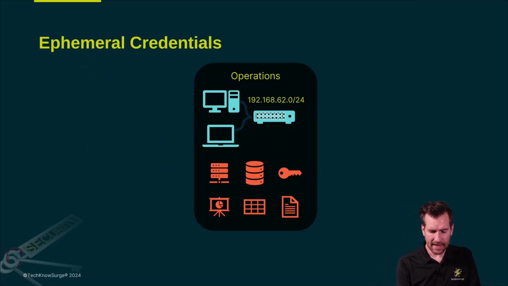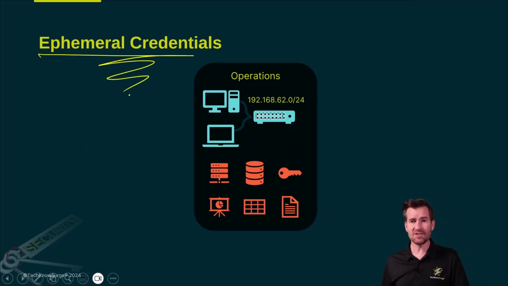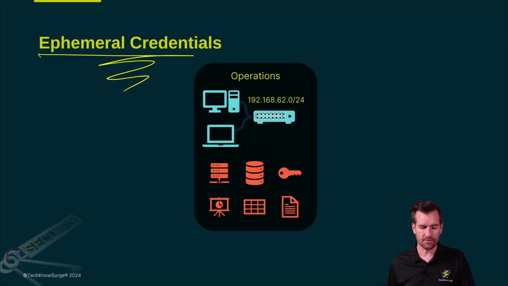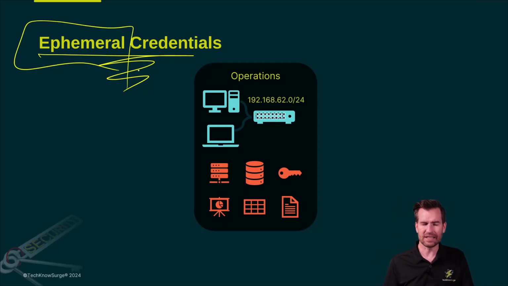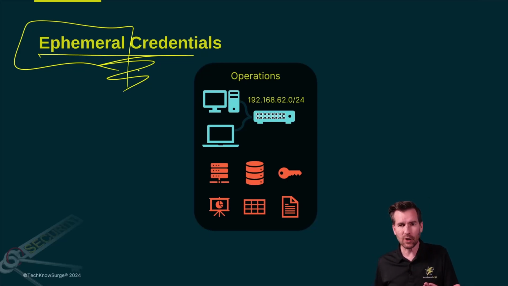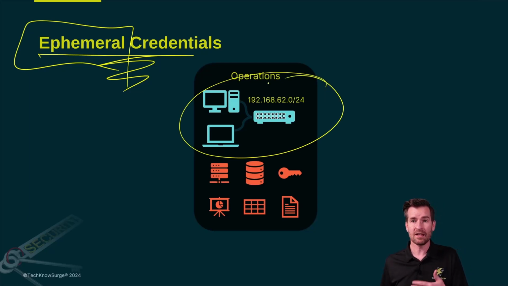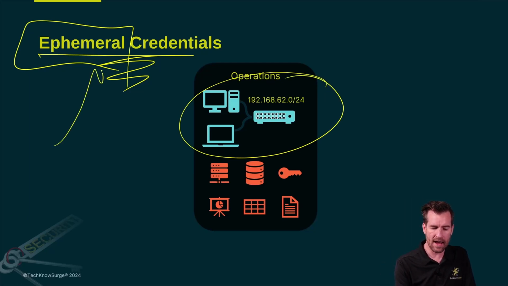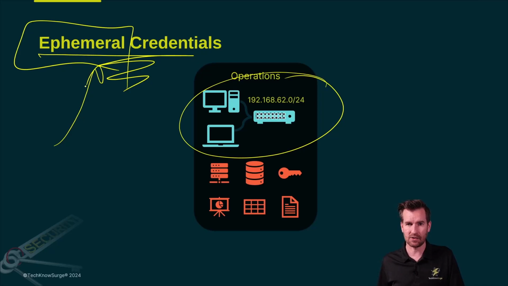Very closely related to this is the ephemeral credentials. That's where we set up an account specifically for somebody like a contractor who only needs an account for a certain period of time. So this ephemeral is just a temporary giving somebody an account so they get access to certain resources, can do their work, and then we take away those credentials, we take away those accounts once they're done.